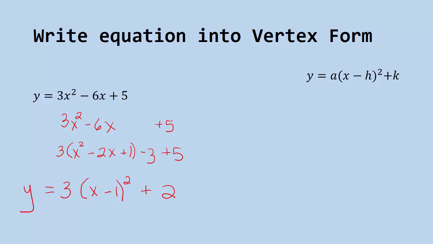The vertex formula says minus h, so since this is minus 1, our vertex is going to have an x-coordinate of 1. And it's plus k, and this is a plus 2. So our y-coordinate of our vertex is 2. So our vertex is (1, 2). You'll also notice that 3 is greater than 0. So that means that I know this is going to open up.